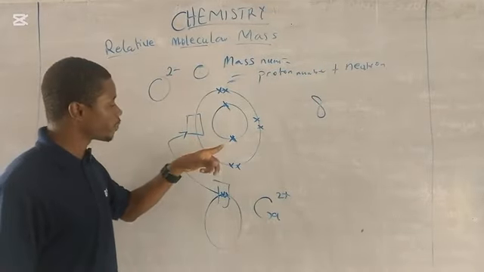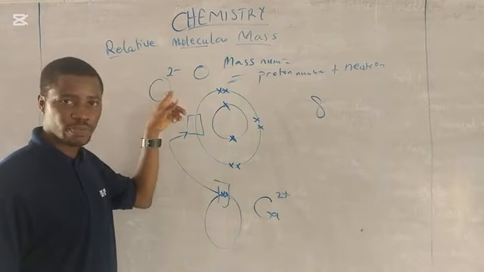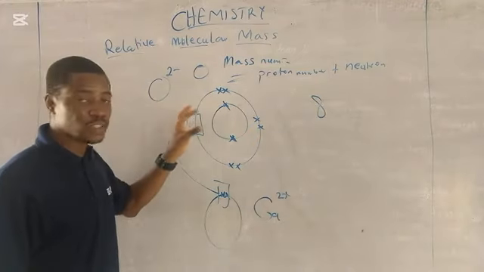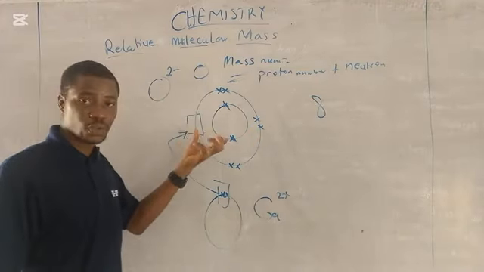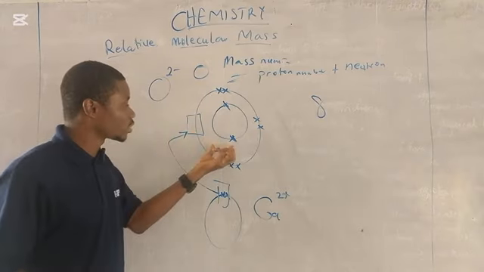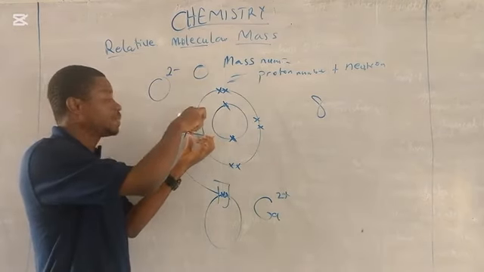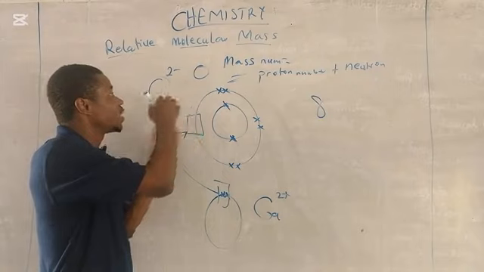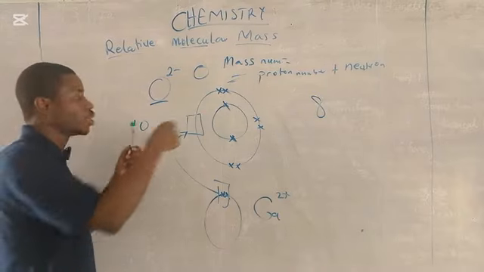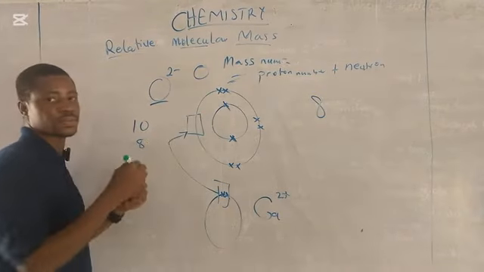Initially, as a neutral atom, we had 8 electrons. But this neutral atom gained 2 more electrons. It means that the number of electrons, now that it has become an ion, is now 10, while the number of protons still remains 8.